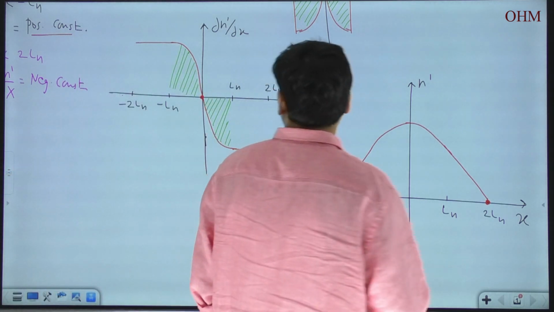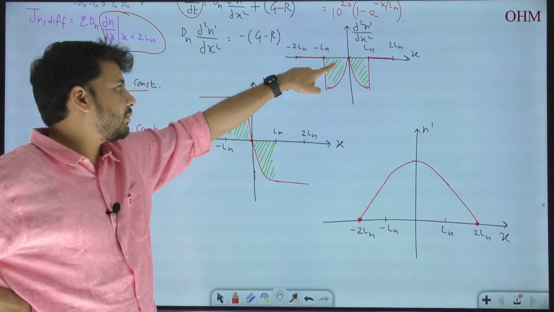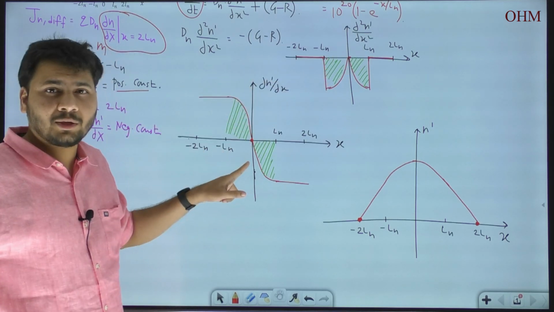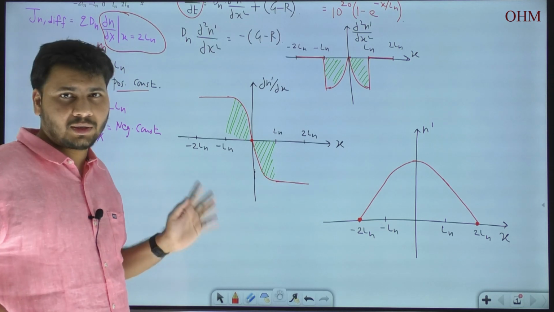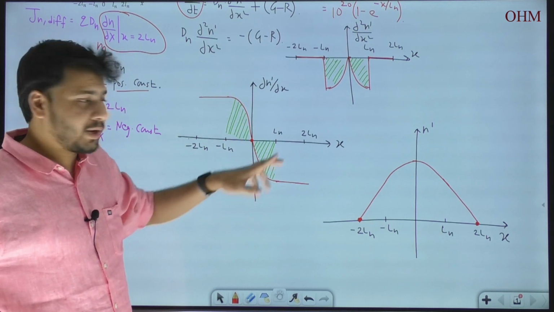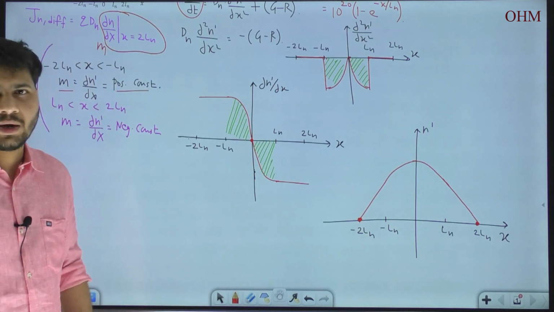That's all. So this is how the second derivative varies with distance, and from here we have drawn how the slope of the minority carrier concentration profile varies with distance. That is the slope profile. And from here I have drawn the actual minority carrier concentration profile.